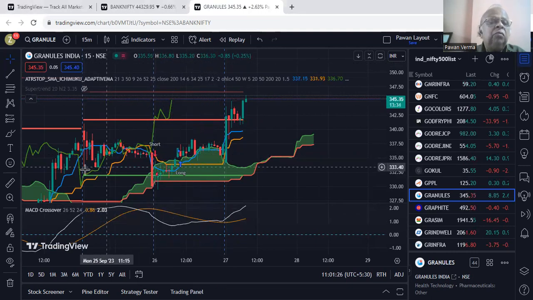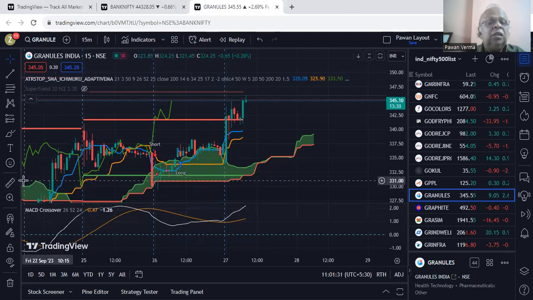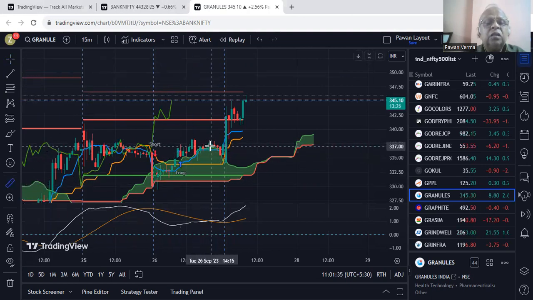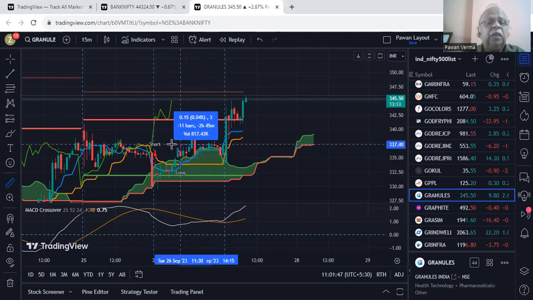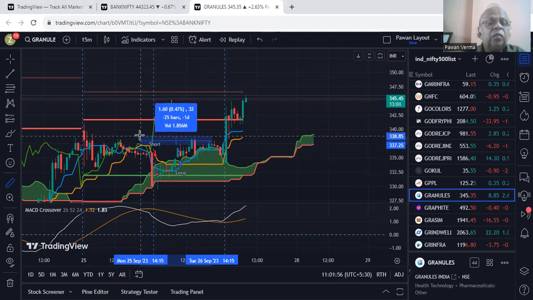Now what we have to do? We have to just look back 26 periods to identify the highest price made by the stock during this particular duration. So friends, we are just moving back 26 periods.